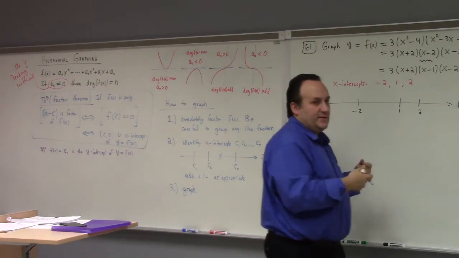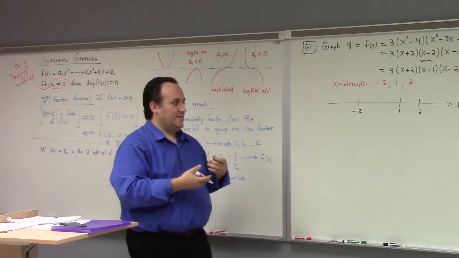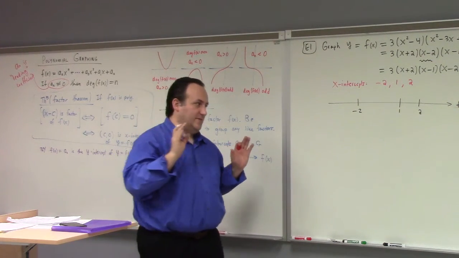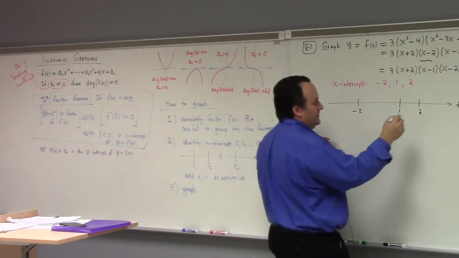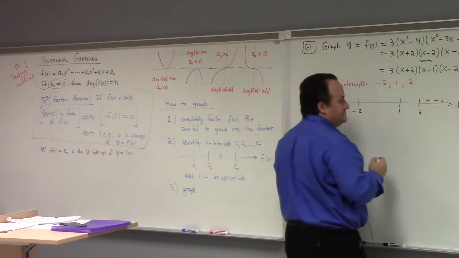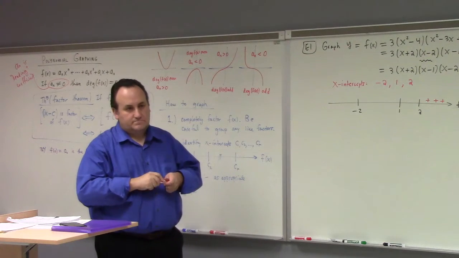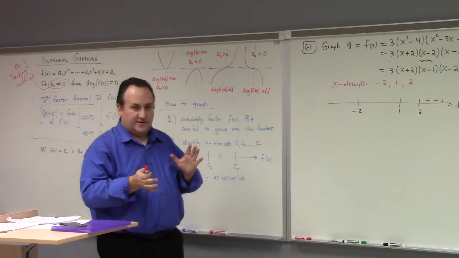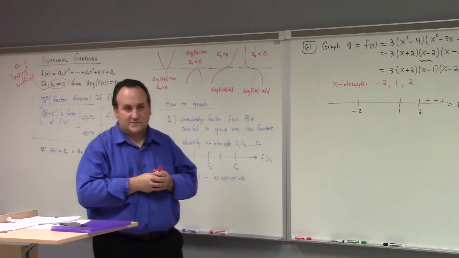My leading coefficient is 3, and that means if you make x big enough, it's going to be positive. So the leading coefficient is positive, so we start with pluses over here. Alternatively, you could try plugging in 3 and see that it's positive.